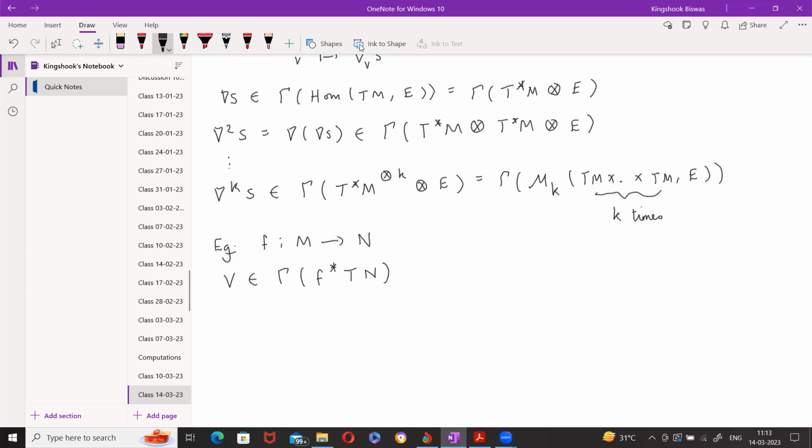This V is basically giving you, so you have your map F, let's say it looks something like this. This is your map F.